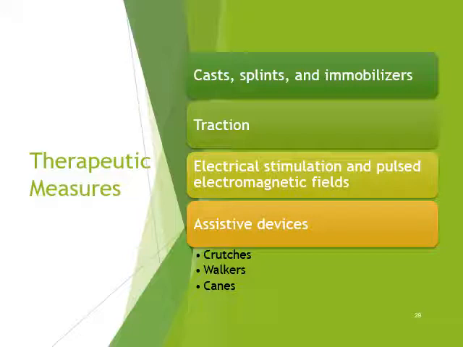But remember, you want to move those pillows from time to time so that you don't get a contracture secondary to keeping the arm or leg in a fixed position. Traction can be used to keep alignment. Electrical stimulation and pulsed electromagnetic fields. And also some crutches, walkers, or canes can be used to help the patient get around.